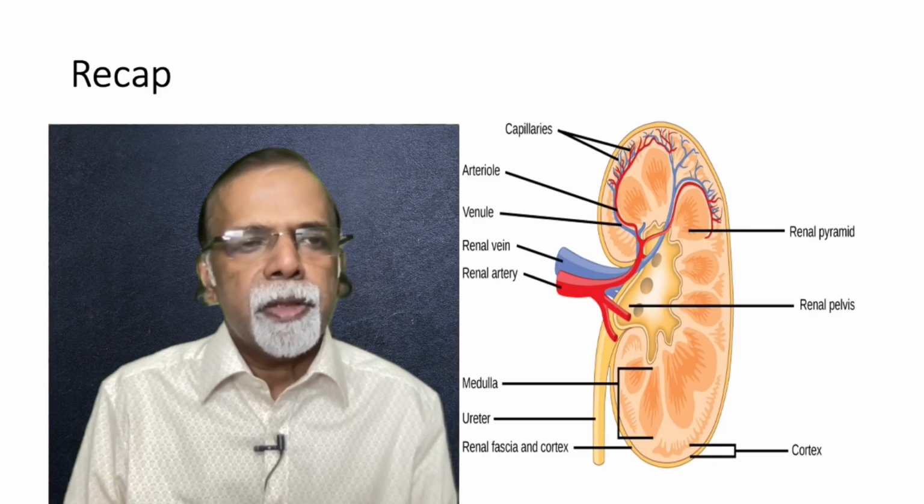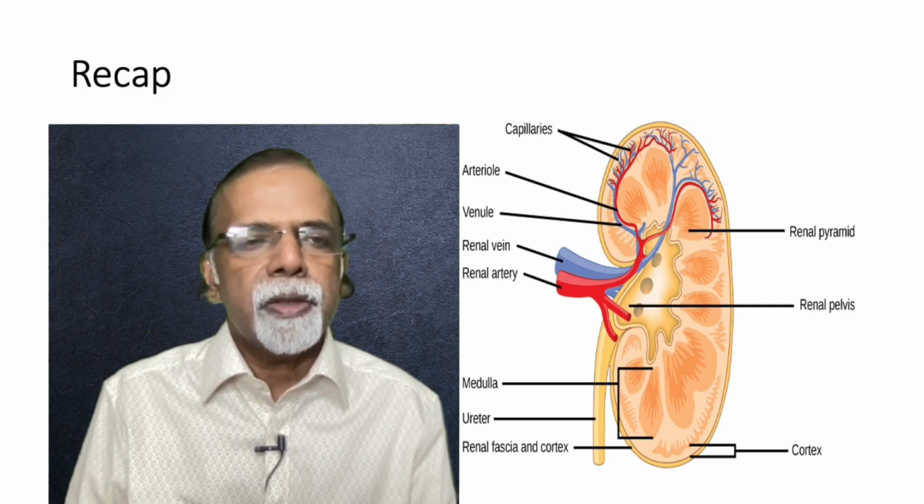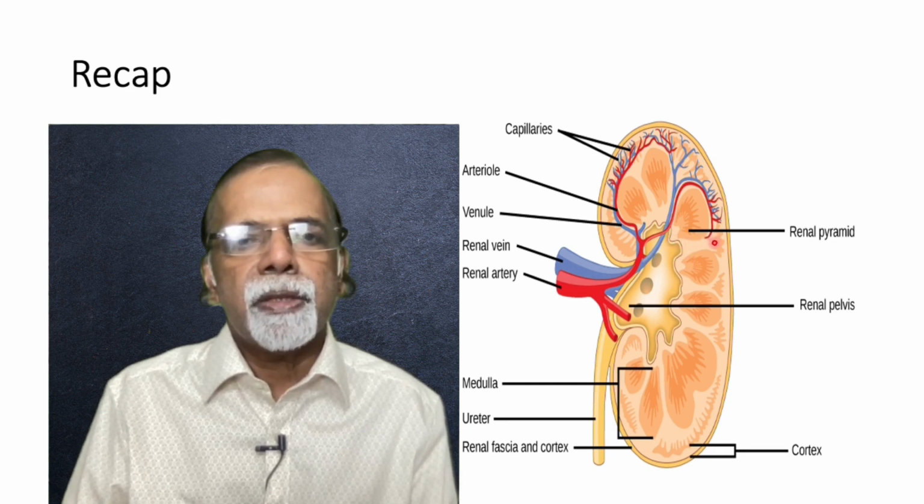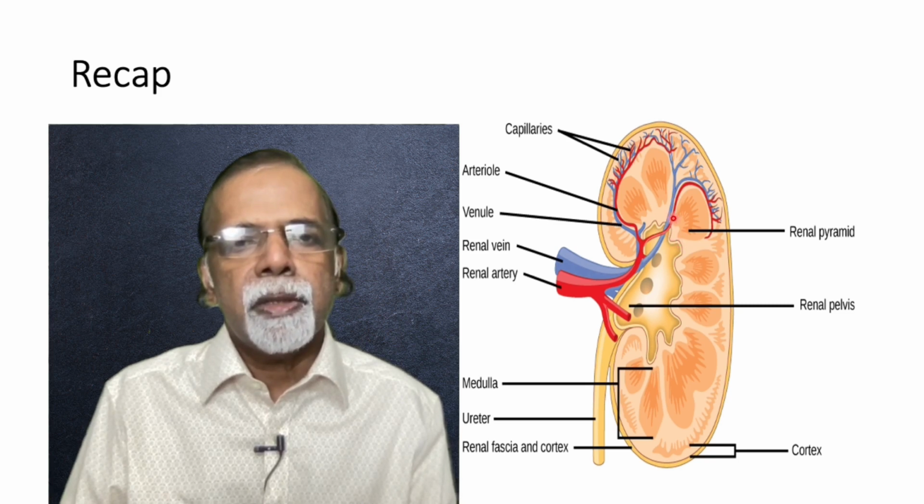So in summary, the kidney has an outer cortex and an inner medulla. The medulla has the renal pyramids, and between the pyramids part of the cortex is entering, and this is called the renal columns, and through the renal columns the blood vessels are reaching the cortex.